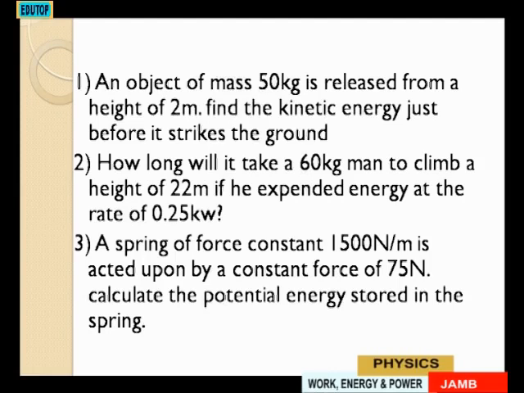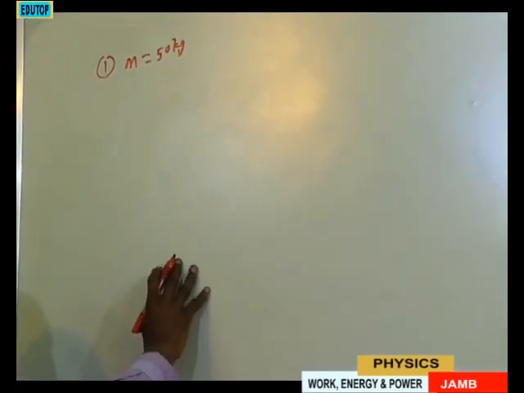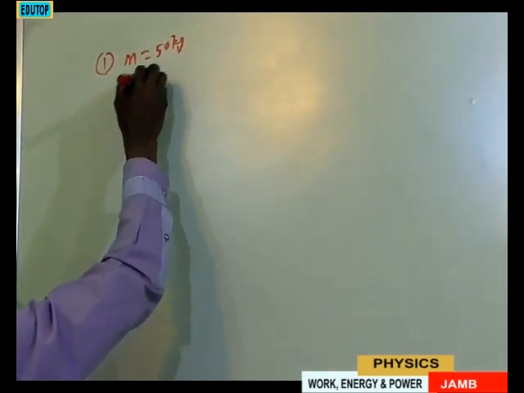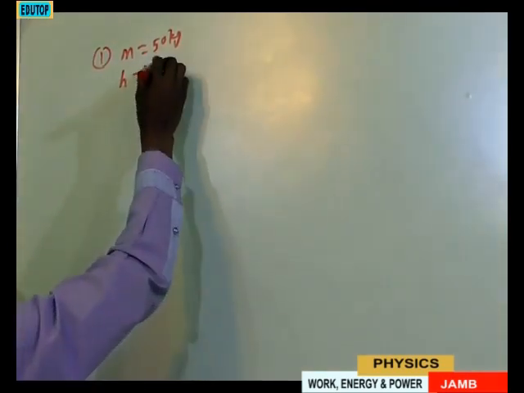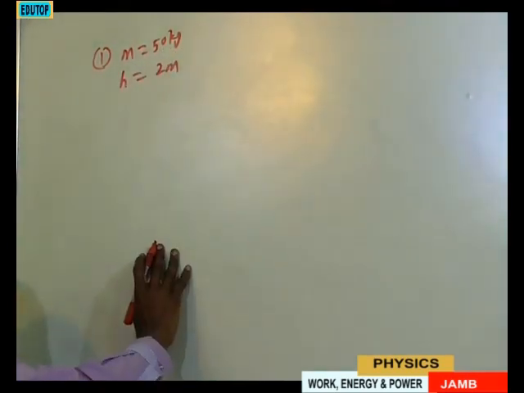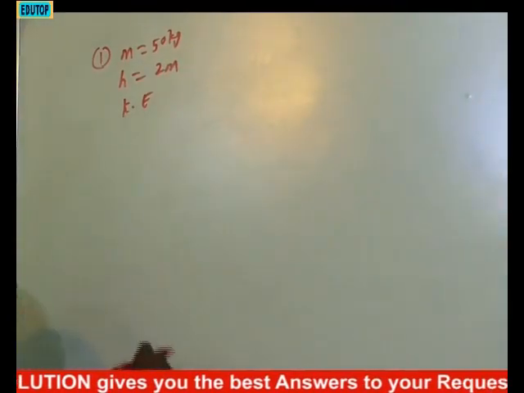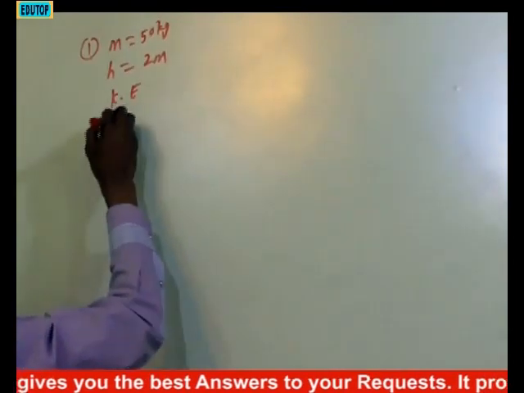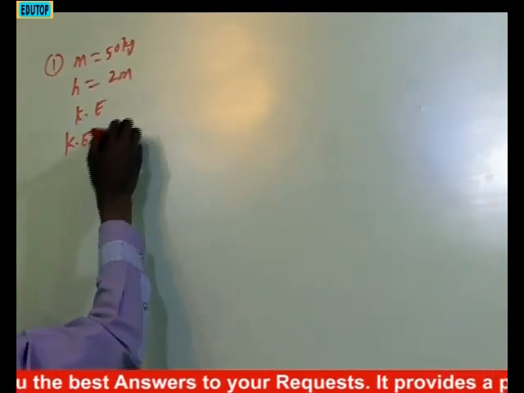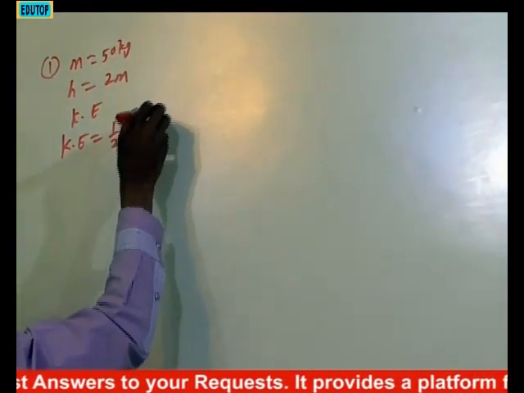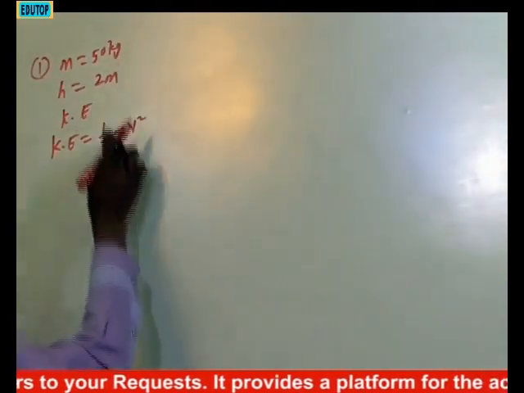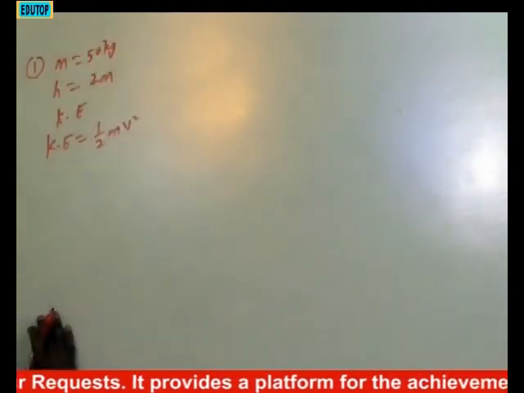We are given the mass of the body to be equal to 50 kilogram, and the height to be equal to 2 meters. We have to find the kinetic energy of the object as it reaches the ground. And you remember that kinetic energy is equal to half mv squared. We are given the mass, we need velocity.